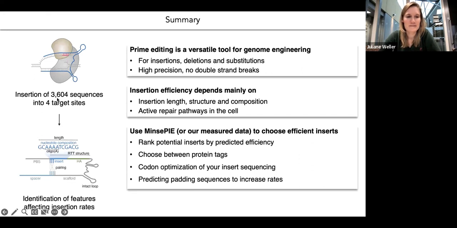But I would say that some of those features that we discovered, like length and maybe some of the nucleotide contributions, would be relatively universal. But of course, the repair processes that are active in stem cells might be a bit different. The way they react to the delivery and to certain nicking might be different. The kinetics might be different. So I would expect correlation to drop, but I think it's better than nothing as a starting point.